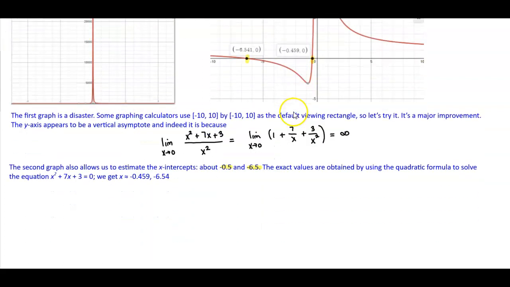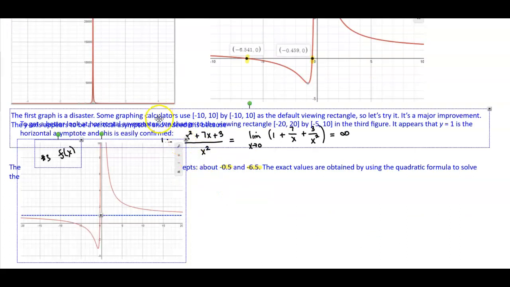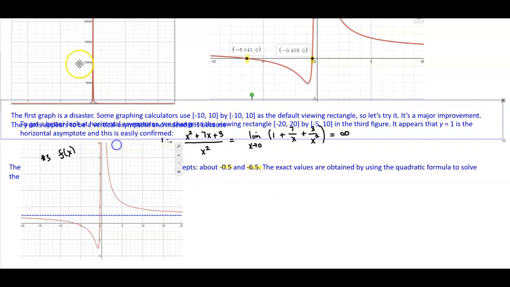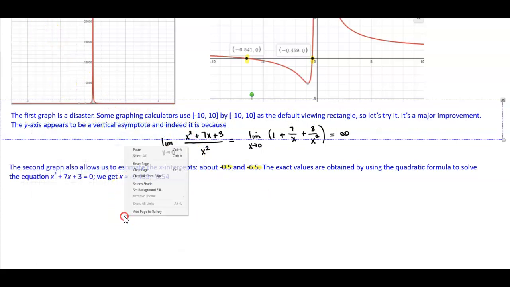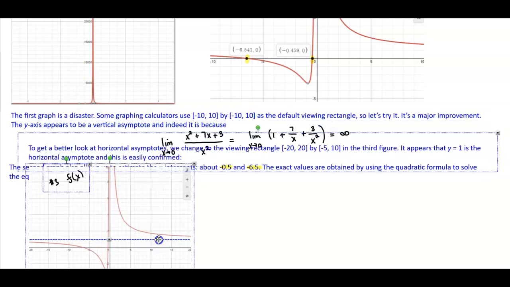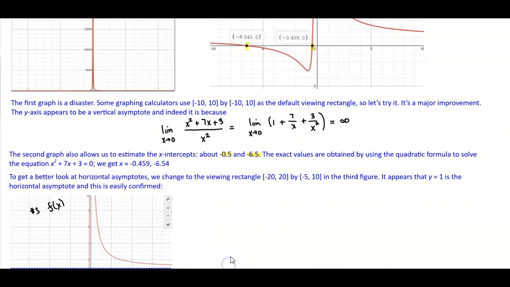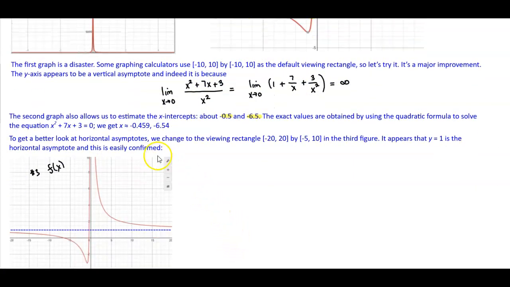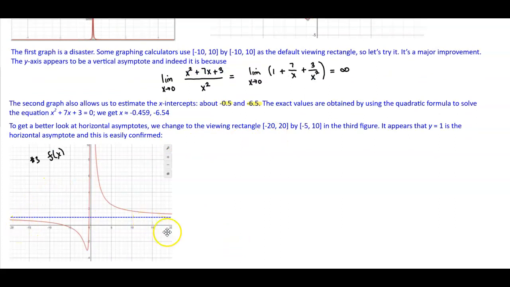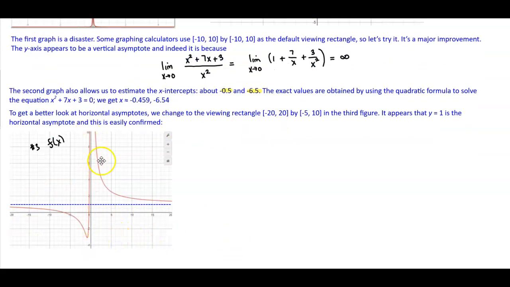Okay, now we want to get a better picture of this, and so we want to look at the horizontal asymptote. So we change the viewing rectangle to be -20 to 20, and then from -5 to 10.